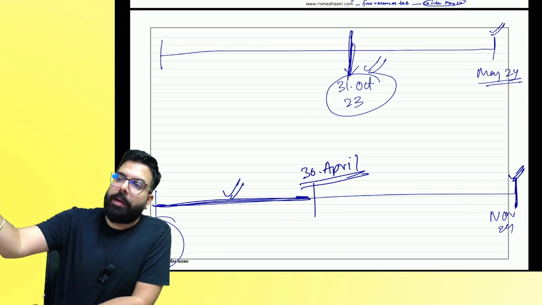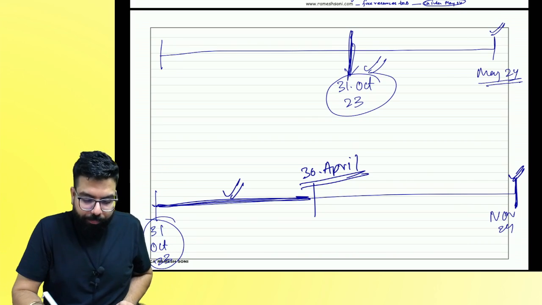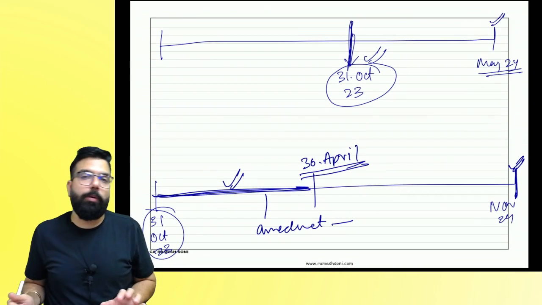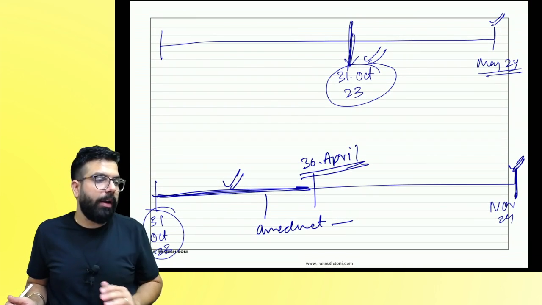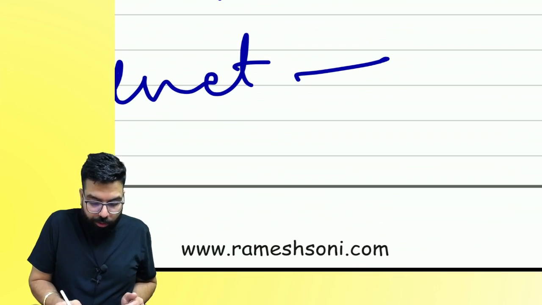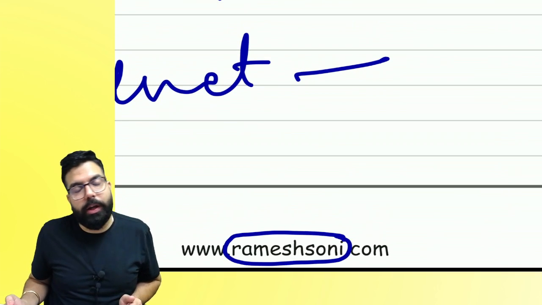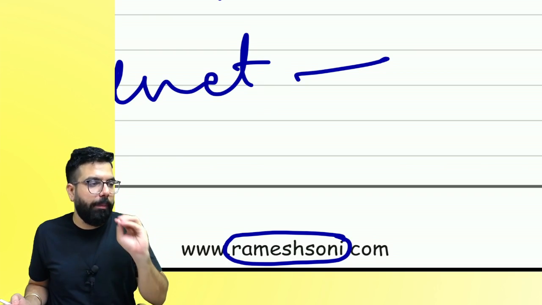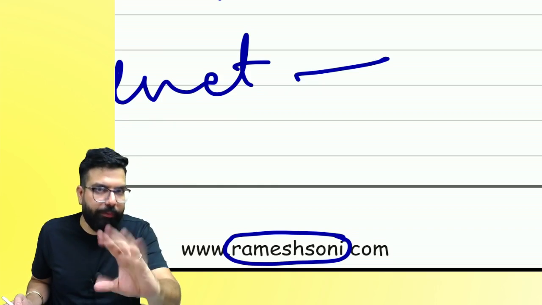Whatever amendments happen during this time will be uploaded in the YouTube channel. People who have taken the classes from rameshsoni.com, you have to go to YouTube. In YouTube, you can search Ramesh Soni, and in my channel, you will find the amendment video, and the details of the amendment notes I'll provide in the video itself.